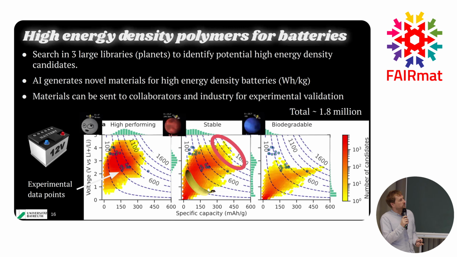You have probably seen these banana plots for other things. Here you have the voltage over the specific capacity, and if you multiply them together, you get the energy density of a battery, which is measured in watt hours per kg. So it's energy per weight, a very important KPI. We have also put experimental data points here for currently available combinations and materials, which are the blue ones.